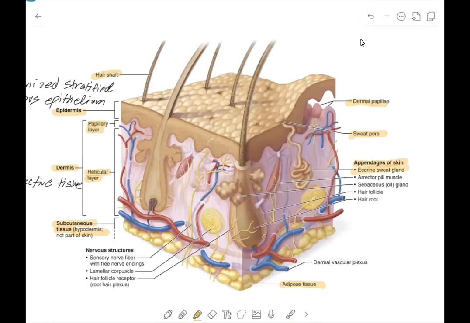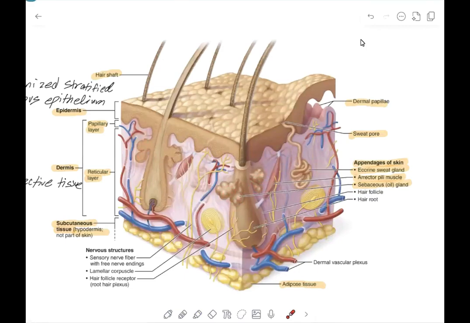Below that is what we call the goosebump muscle. Technically, it's called the erector pili muscle, and when it contracts, the hair stands straight. Then we see the sebaceous oil gland, and the sebaceous oil glands are going to be associated with the hair itself.